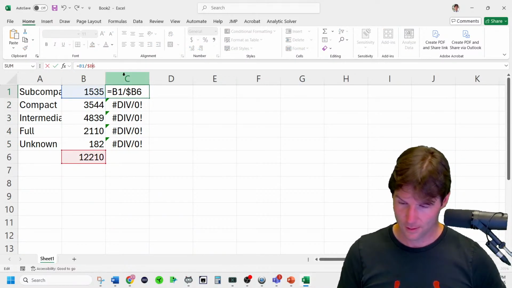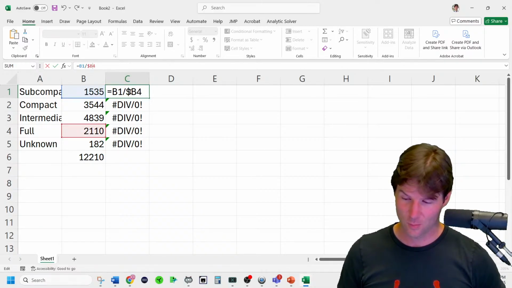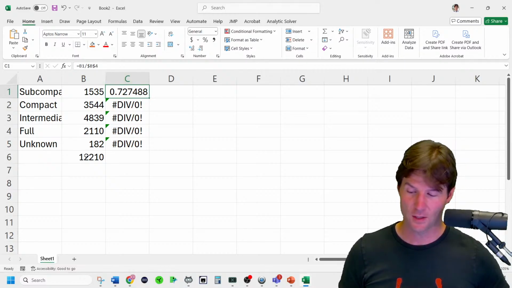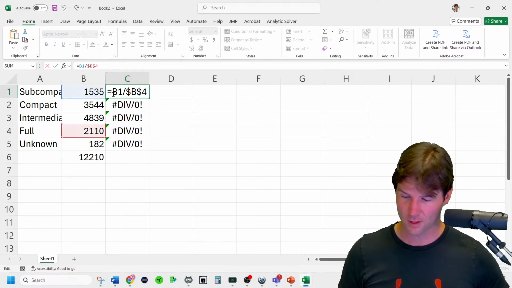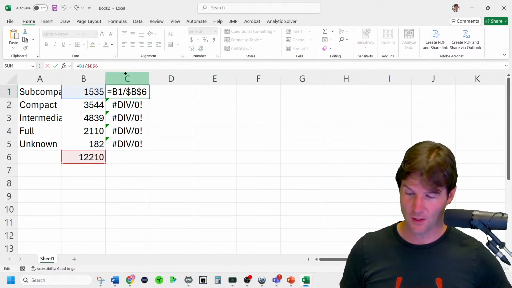You have to put in these dollar signs. The dollar sign makes it a static reference on cell B. There we go. It is now a static reference on the cell down there.